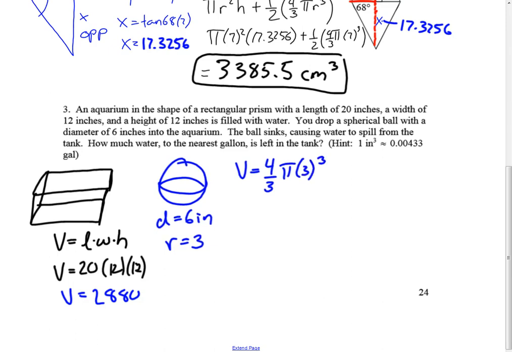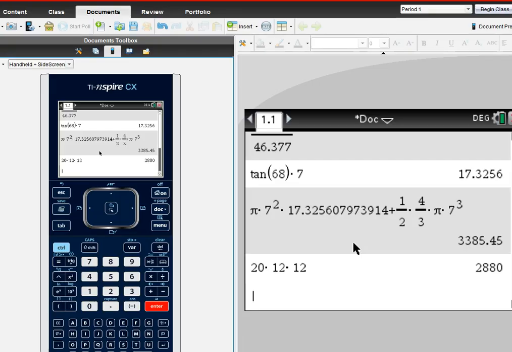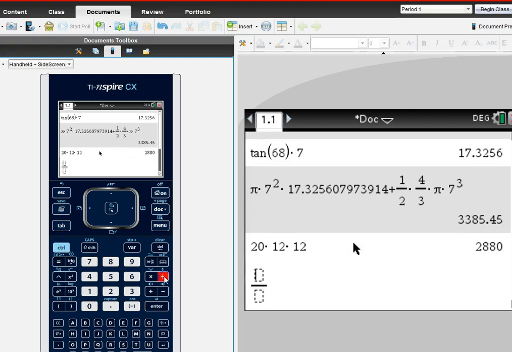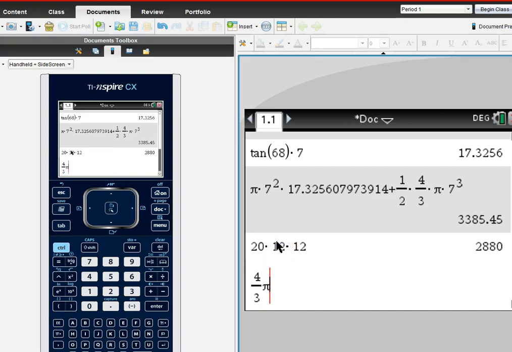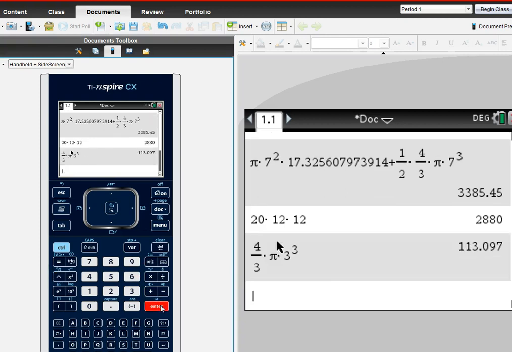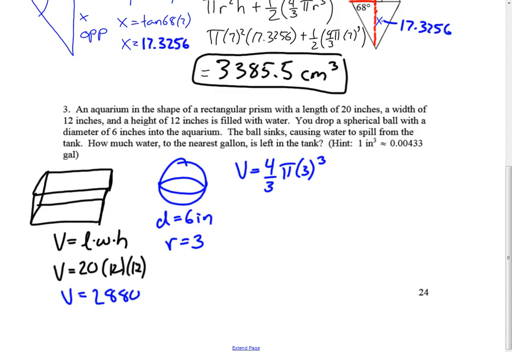Whatever the volume of the ball is, that much is going to spill out. This is called displacement. The ball is going to displace water, so 4/3 pi times 3 to the 3rd power is 113.097.